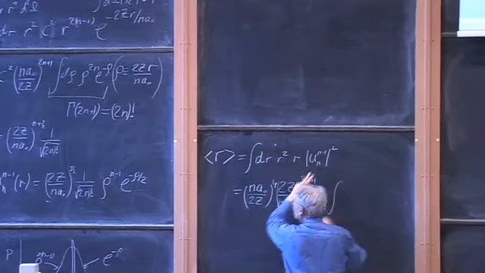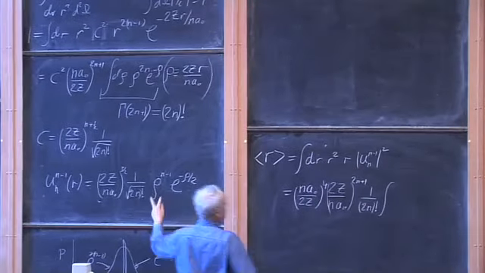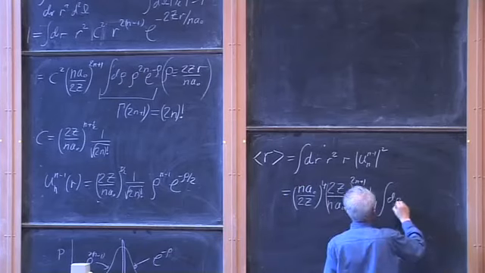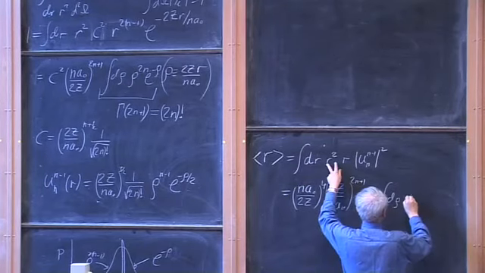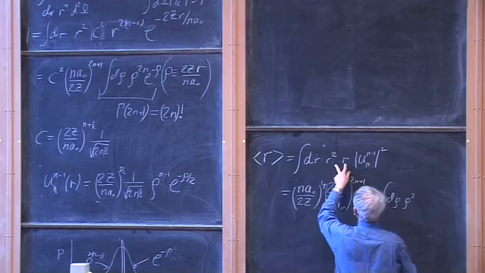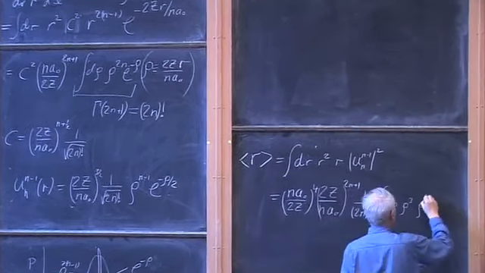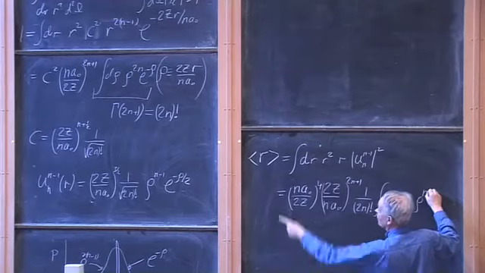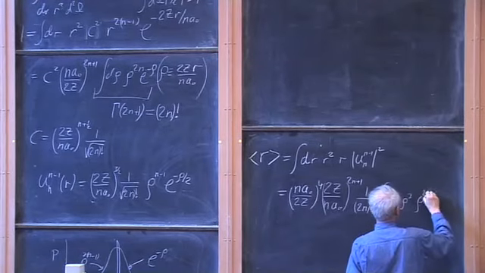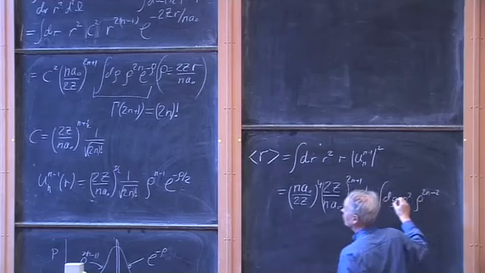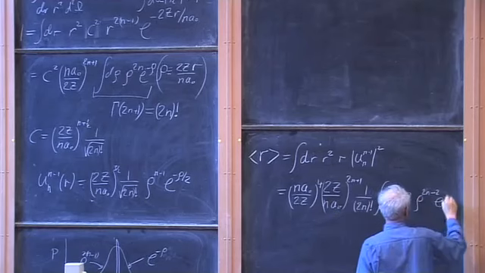Then we need the integral d rho rho cubed. That's these three, and then here we have rho n. I need to square that, so it's going to be rho to the 2n minus 2 e to the minus rho.